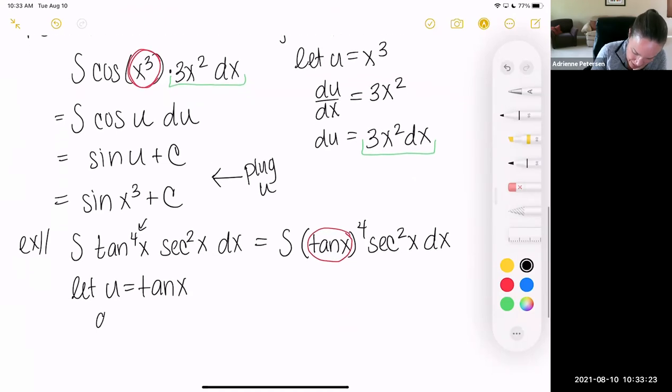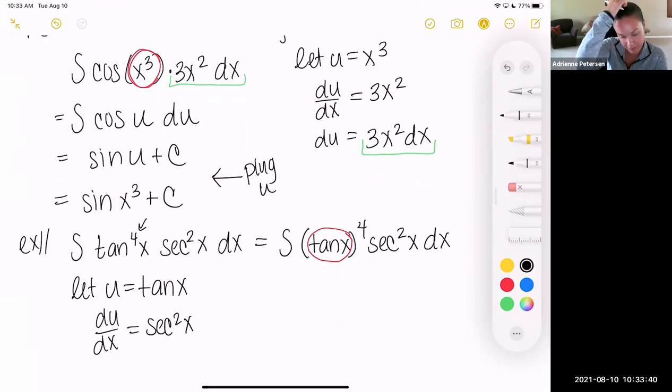Then what we do is we write out du dx, the derivative of u with respect to x. And we know that the derivative of tangent is secant squared. So our goal is to also have that secant squared of x in our integral, which we do. So we're setting this up just perfectly.